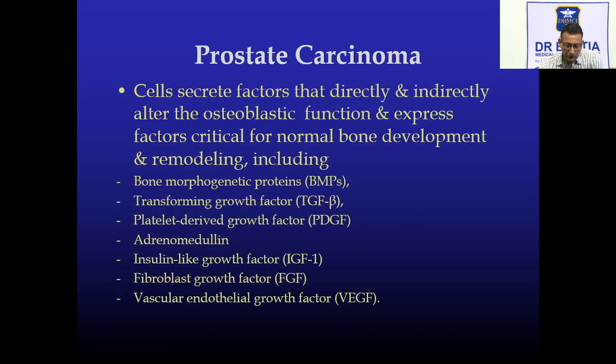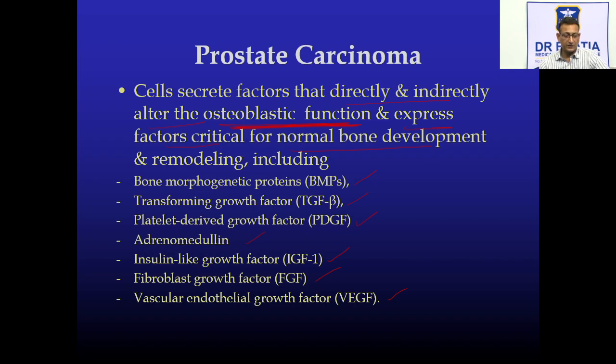Why does it happen? Because the prostate carcinoma cells secrete factors that are directly or indirectly responsible for osteoblastic function. They enhance the osteoblastic activity and their function, and they also express factors for normal bone growth, development and remodeling. These factors include bone morphogenic proteins, transforming growth factors, platelet derived growth factors, adrenomedullin, insulin like growth factor, fibroblast growth factors, and vascular endothelial growth factor.